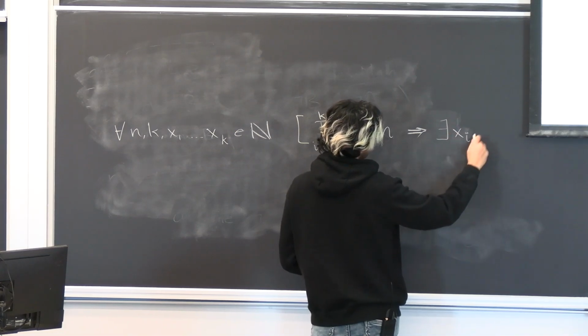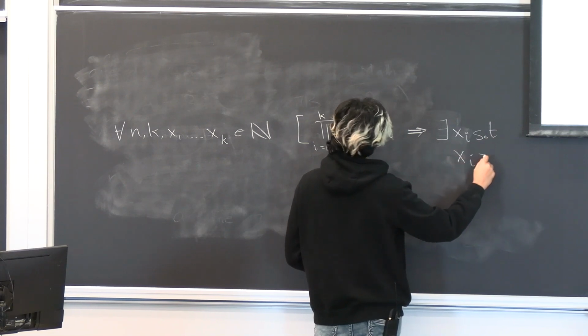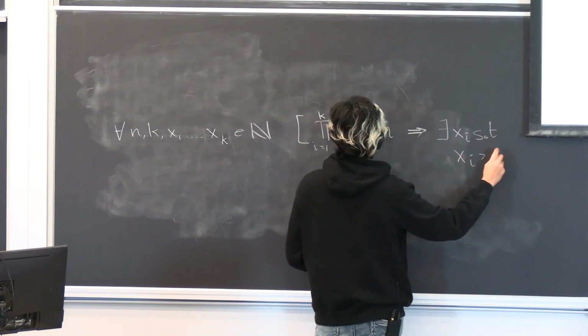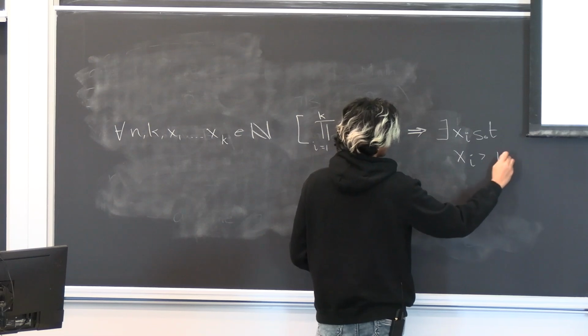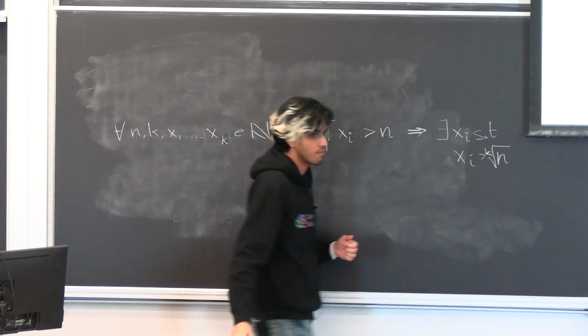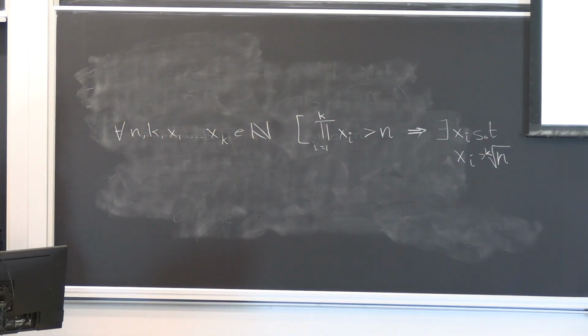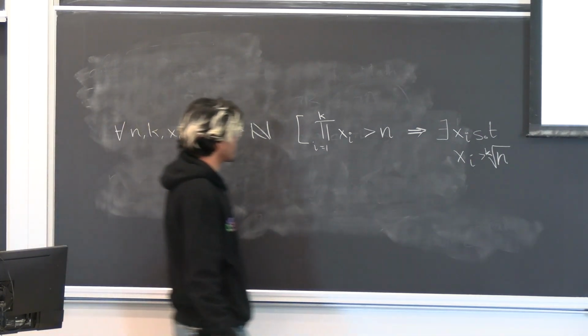I can just pull it out, just give me a second. Something like this, probably. The kth root of n. Is this the right midterm question? Yeah, there exists i element of k such that xi greater than the kth root of n. Okay, cool.